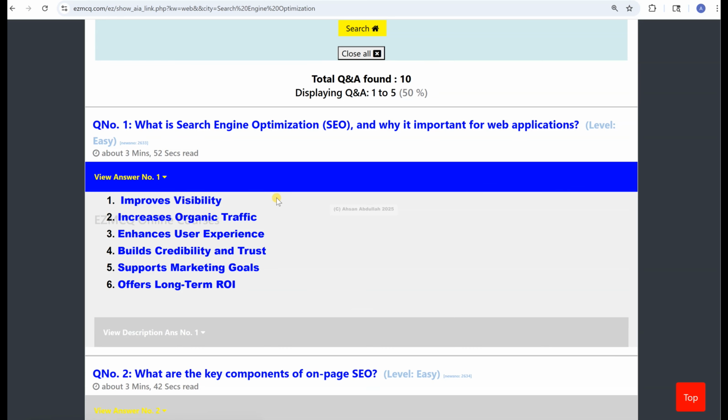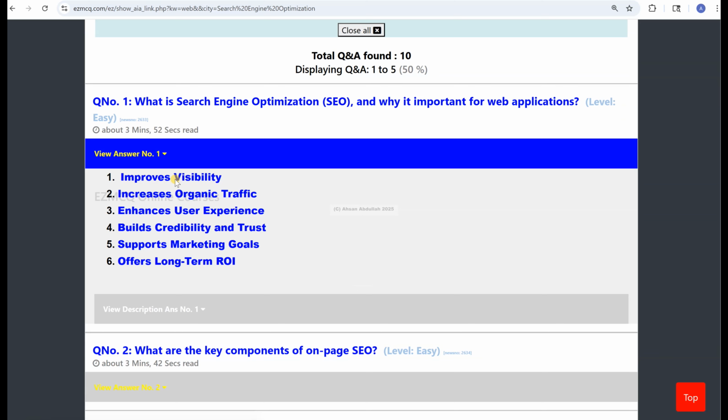So that is why search engine optimization is required, so that the link for your web application comes preferably in the first page, right? And of course, that is basically search engine optimization. How to make your web page come at the top position, and why it is important for web applications. These are the reasons given here.